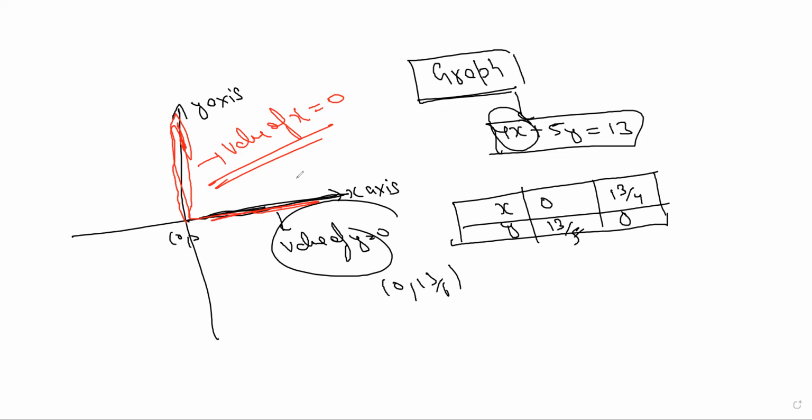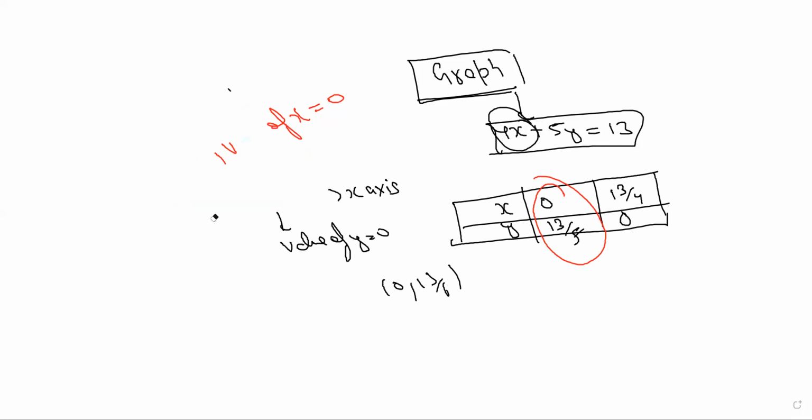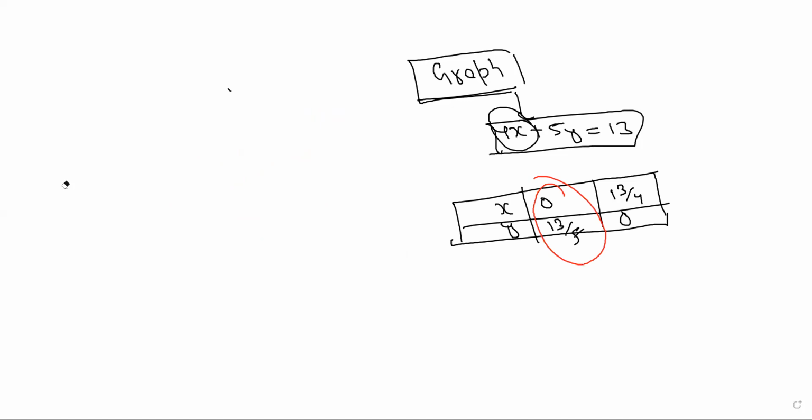Now understand. Let's suppose one point is 0, comma 13 by 5. What is 13 by 5? If I want the decimal part of 13 by 5, it is around 2.6 something.